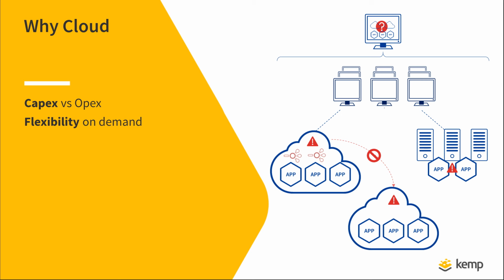Flexibility. This is a big piece. I mentioned this procurement cycle. So if I am in my traditional IT infrastructure and I want to build out a new application or a new system or expand, I have to go through the process of making sure I have space, I have power. I have to buy the servers, the racks, all the equipment. I have to buy the applications.